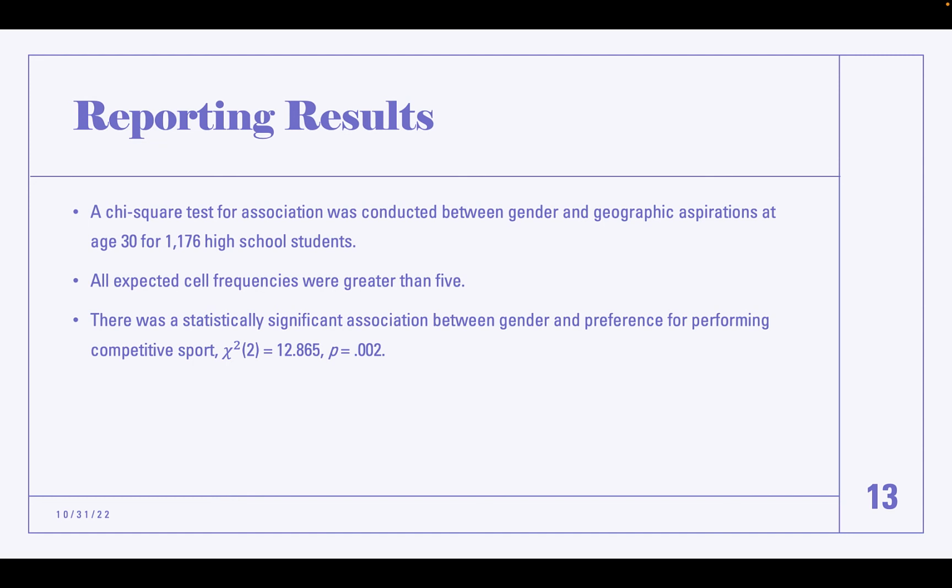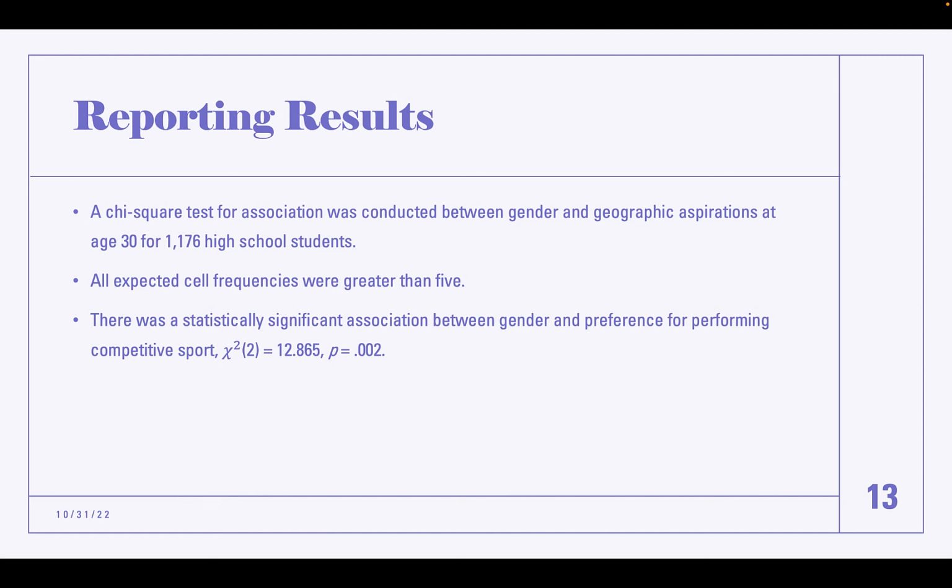There was a statistically significant association between gender and geographic aspirations. And when you report this, you're reporting the chi-square with the degrees of freedom in parentheses, so we have 2. And then you report the chi-square value of 12.865, and then you report the significant p-value of 0.002.